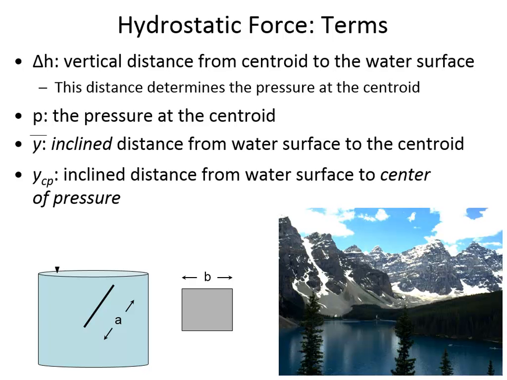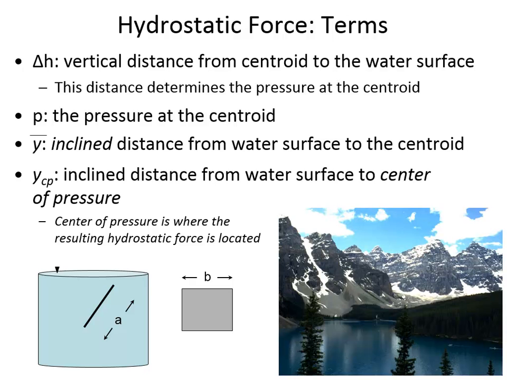Pressure at the centroid. And YCP is the inclined distance from the water surface to the center of pressure. Now, the hydrostatic force that we're talking about is, let me just erase this again. I guess I put it up prematurely. There's an equivalent hydrostatic force that is a result of all the little pressures acting on this.